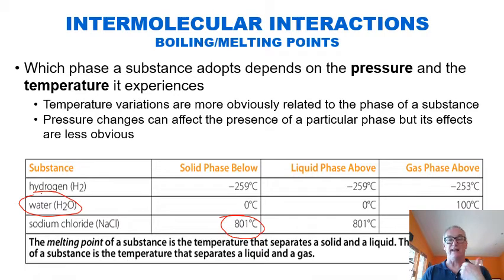So it takes a lot more energy to take something with ions, sodium ions and chloride ions, and separate those so they can move around. It takes a lot more energy than it does for something like water, which has weaker intermolecular interactions. And we'll talk a lot more about those, specifically about water, a little bit later.